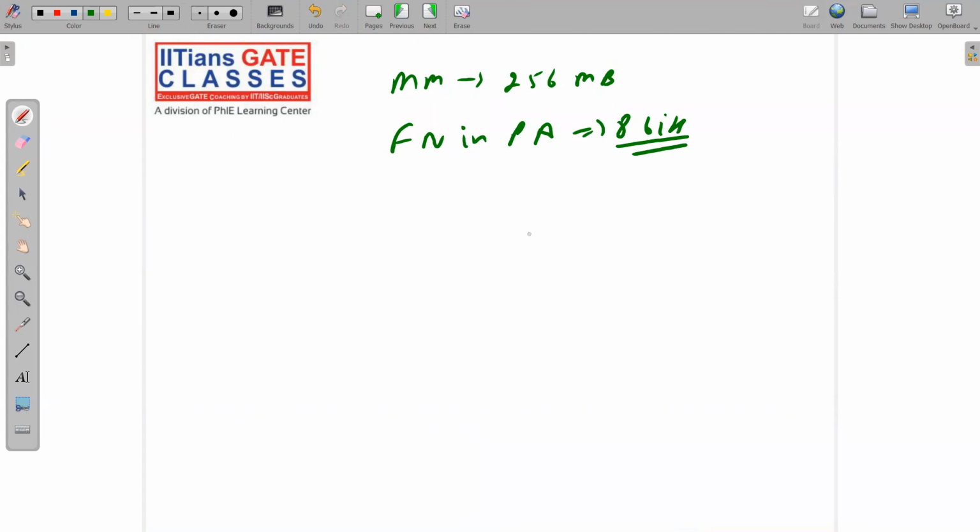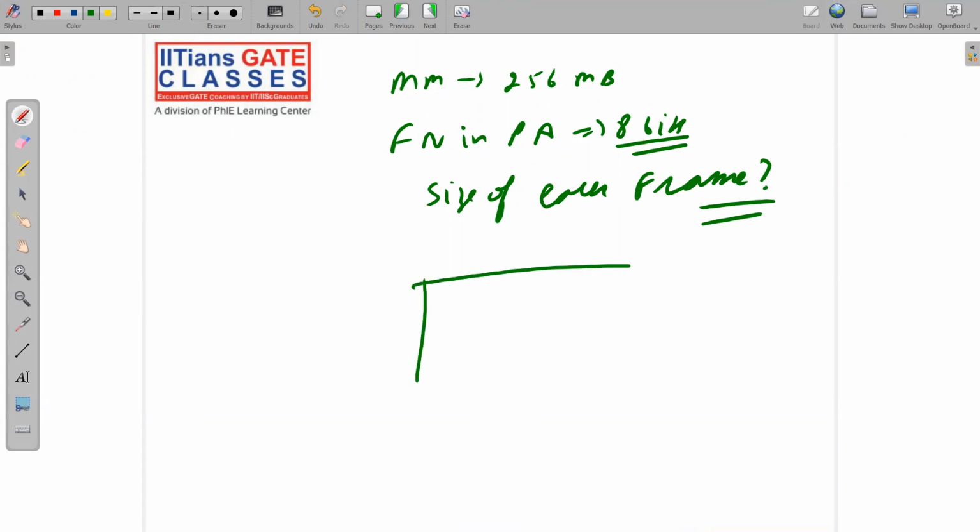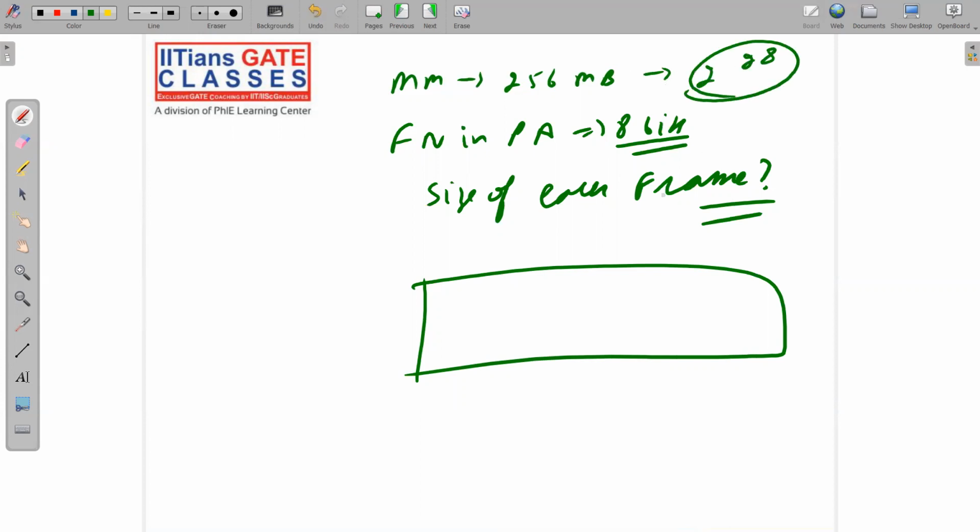They just want to find the size of each frame. Again, very simple. Main memory is 256 MB. So you just reverse it and you will get 2 power 28. So I will say 28 bit is the main memory physical address size.